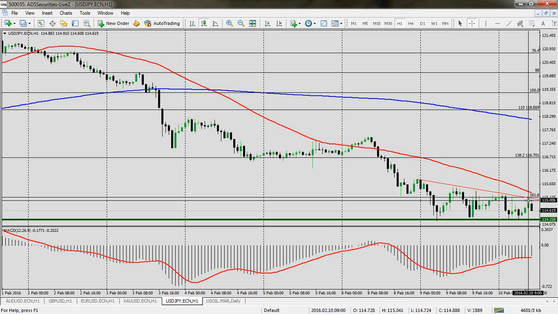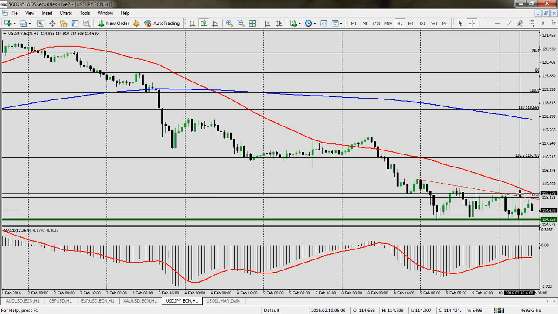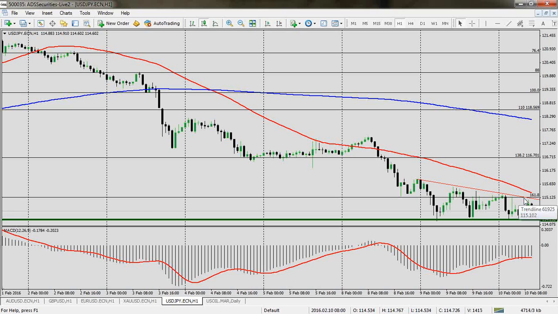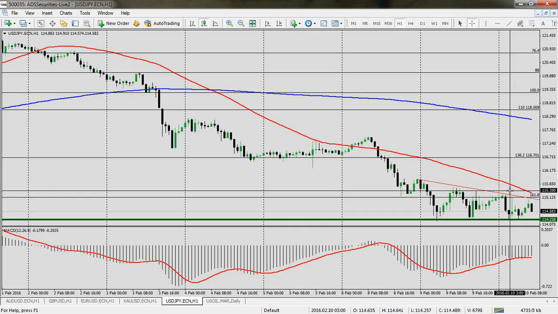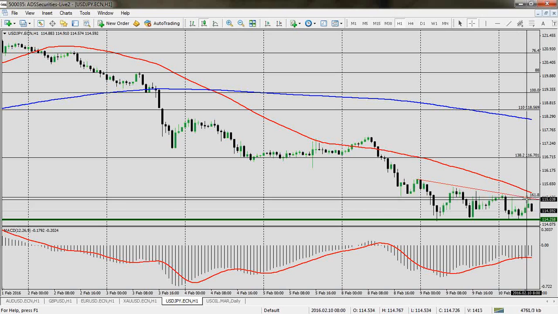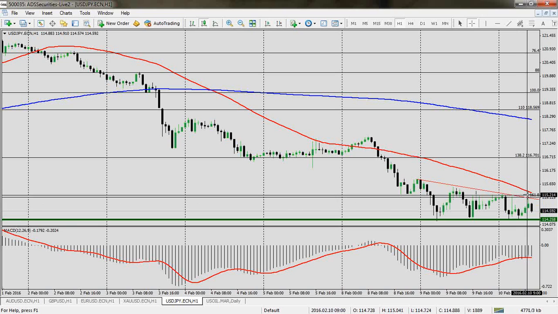Generally, based on my experience, whenever a dynamic resistance level such as this one is tested at least 3 times, the 4th or 5th test is a breakout. So we can consider going long USD Japanese yen above the 115 level, 115.20 to be more precise, and put our target at the next resistance level, which is 116.70. That would be a breakout opportunity for us.